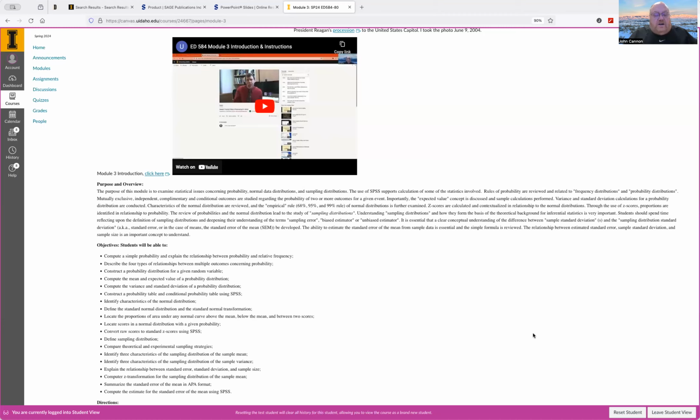It is essential that a clear conceptual understanding be developed of the difference between sample standard deviation and the sampling distribution standard deviation, also known as standard error, or in the case of means, the standard error of the mean, SEM. The ability to estimate the standard error of the mean from sample data is essential, and the simple formula is reviewed. The relationship between estimated standard error, sample standard deviation, and sample size is an important concept to understand.